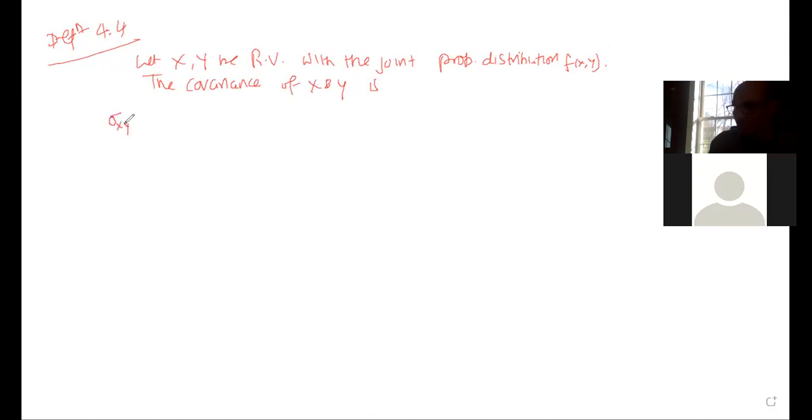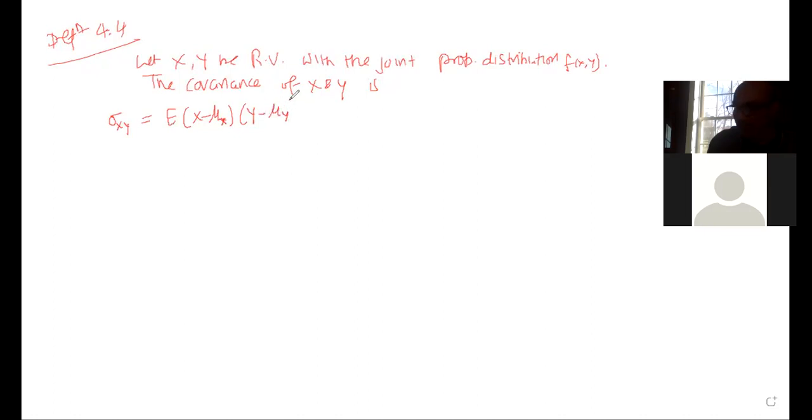Look over here, sigma xy is equal to the expected value of (x minus nu x) times (y minus nu y).